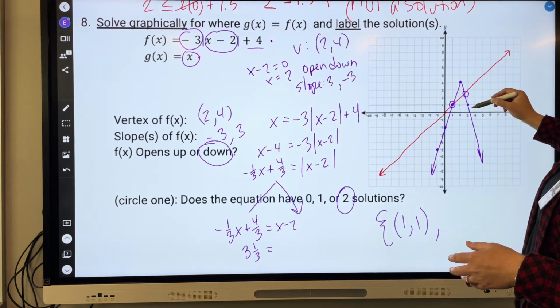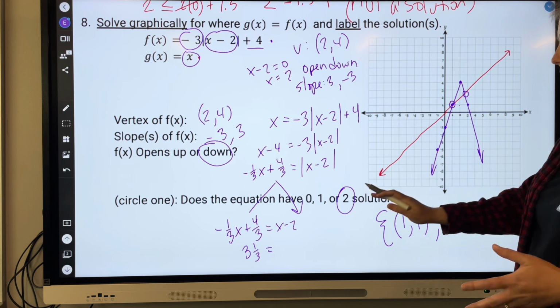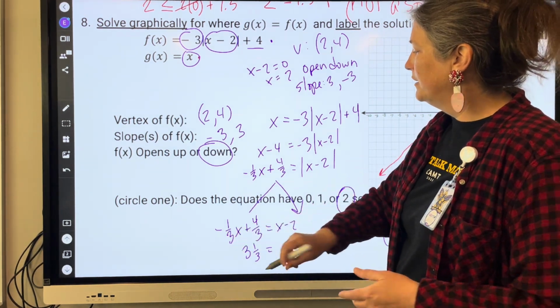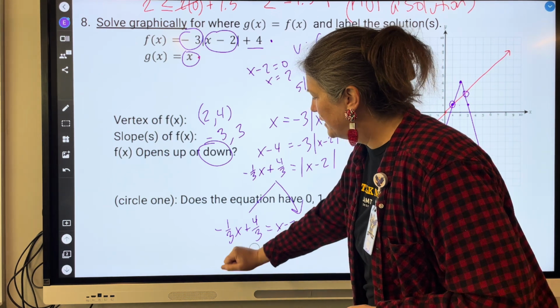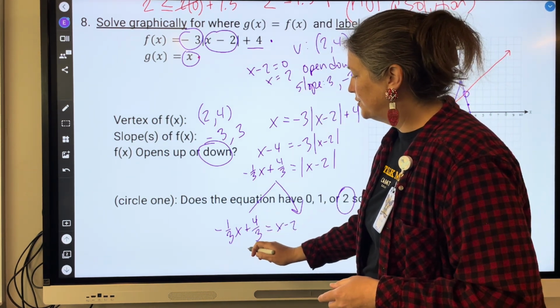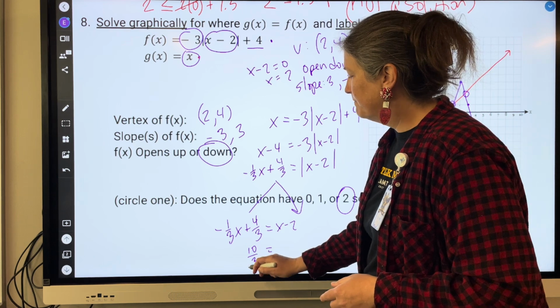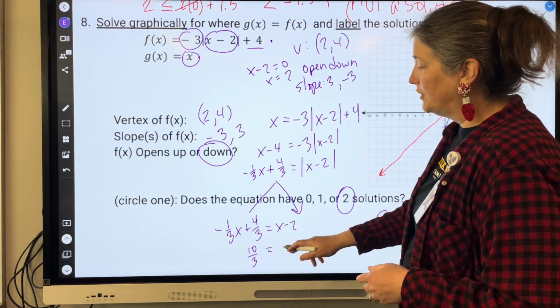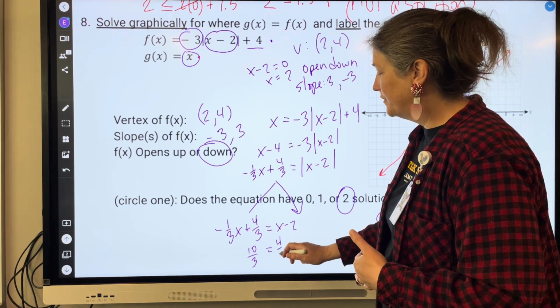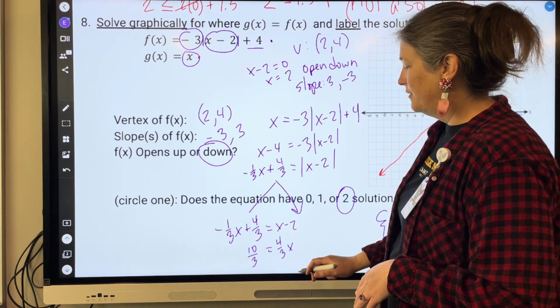3 and 1/3 doesn't feel right yet. I'm not done. Okay, since I'm not done, I'm not going to use mixed numbers. I'm going to add 2, which is 6/3, so I'll have 10/3. Now, I'm going to add a third x here, so that's going to be 1 and a third, or 4/3 x here.